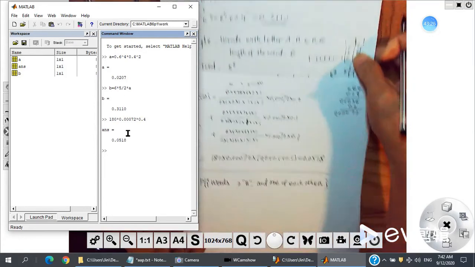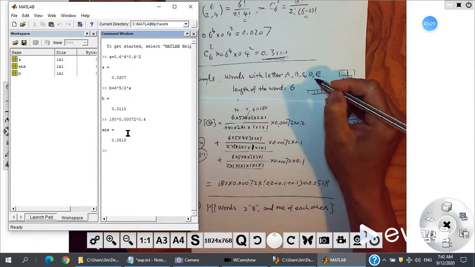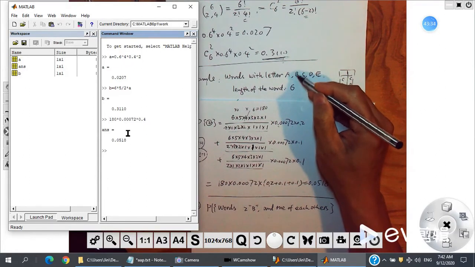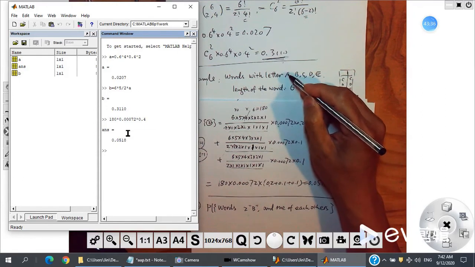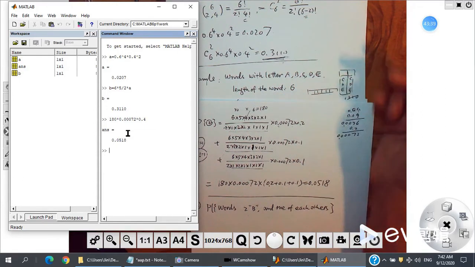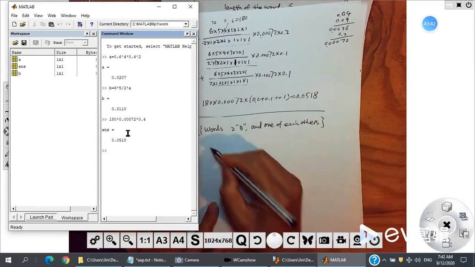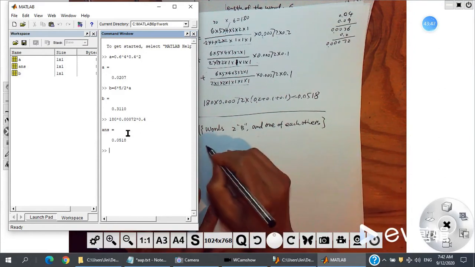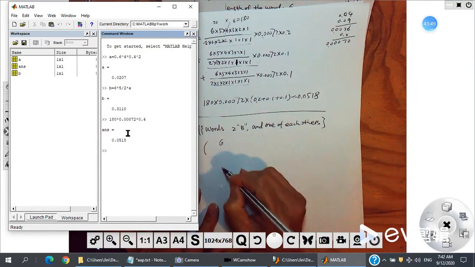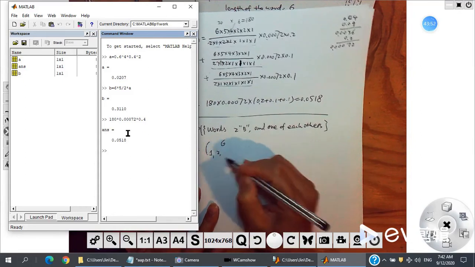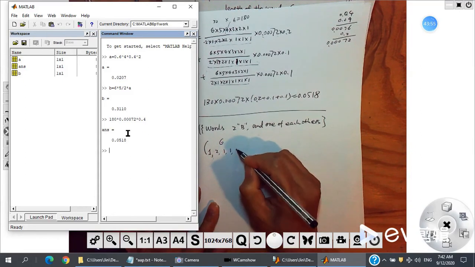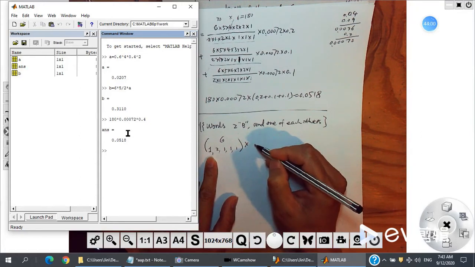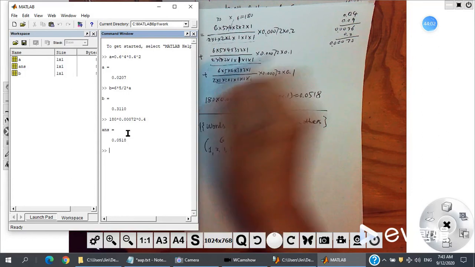Right. We have A, B, C, D, E. We have 5 letters, and I use 2B. Use B 2 times, and A, 1C, 1D, 1E. Right. Then okay, it will be the amount. How many? We have 6. Then 1 of A, 2 of B, 1 of C, 1 of D, 1 of E. And the probability, 1 is A. Where's the probability?